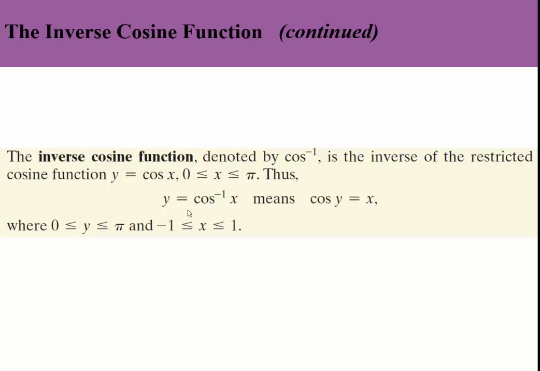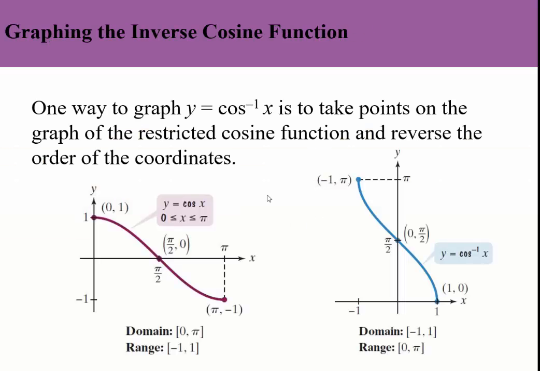So thus y equals the arc sine or the inverse sine of x means the cosine of y equals x, where y is between 0 and pi, the range, and x is between -1 and 1. And we'll do a similar argument that we did with sine on cosine here.